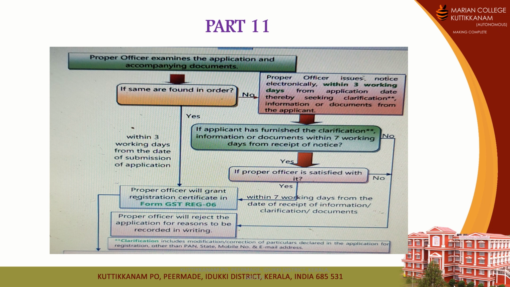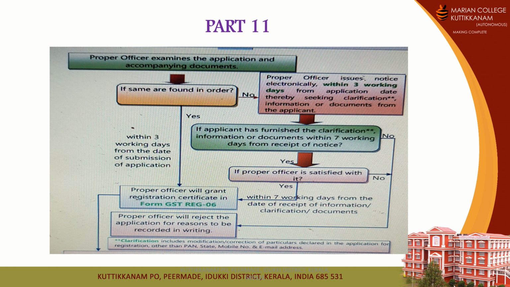After that, if the applicant has furnished the clarification properly, that means information or documents, within 7 working days from receipt of notice, and if the proper officer is satisfied with it, then registration may be granted within 7 working days from the date of receipt of information or clarification.